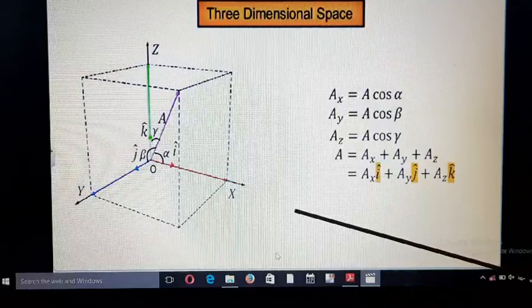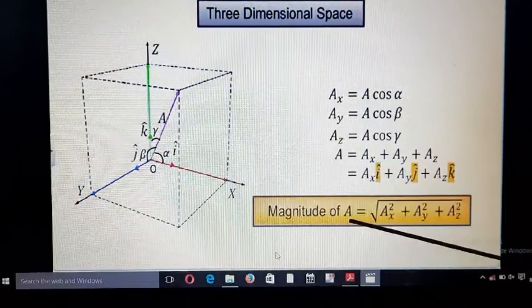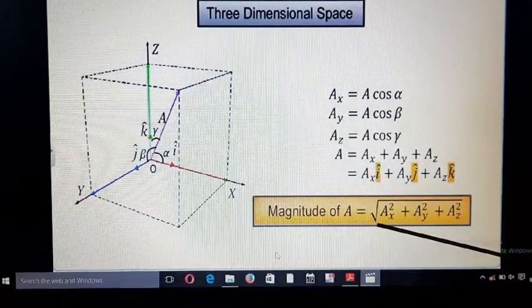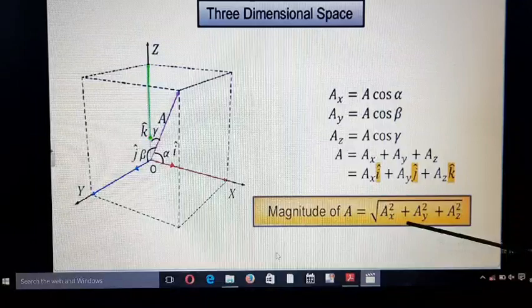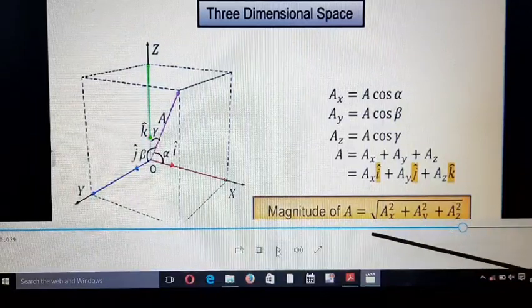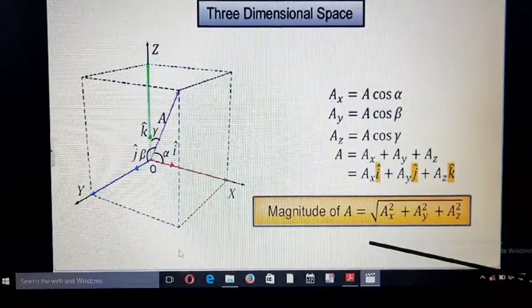Okay. But now we want to find out the magnitude of vector A. So we can write down under root Ax square plus Ay square plus Az square. With the help of this formula, we can find out the magnitude of vector A.